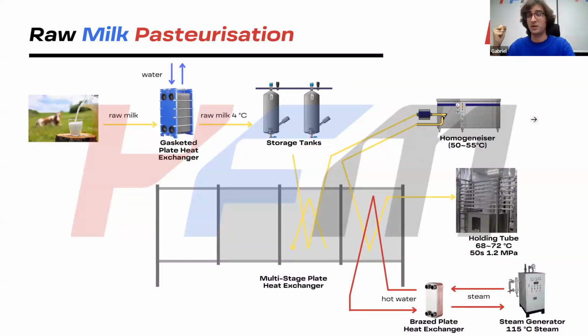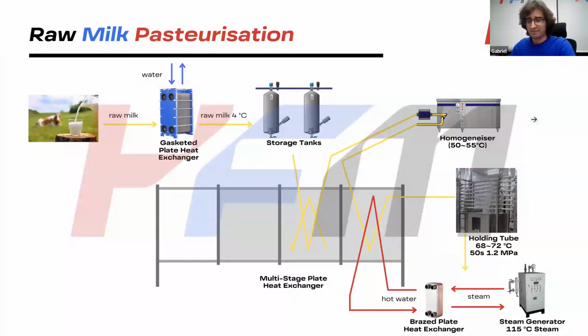in order to keep the temperature for a while, around 50 seconds, ensuring that all the potential pathogens, potential bacteria, and any kind of microbes that are not desired in the milk are going to be killed. And now we have this hot milk.